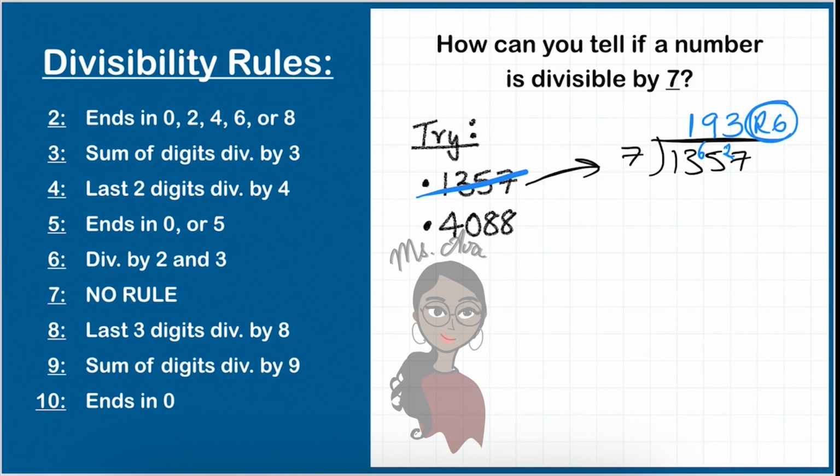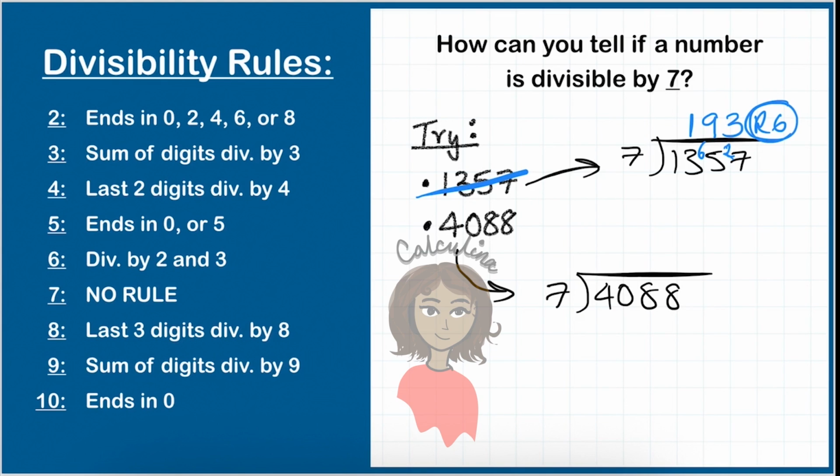And then let's just do the other one really quick as well and see how this goes. So 7 into 4,088. How many times does 7 go into 40? Is it 6 times?